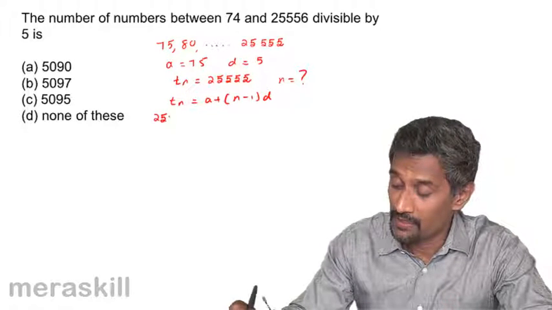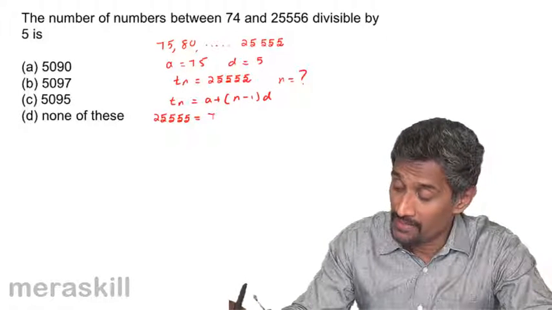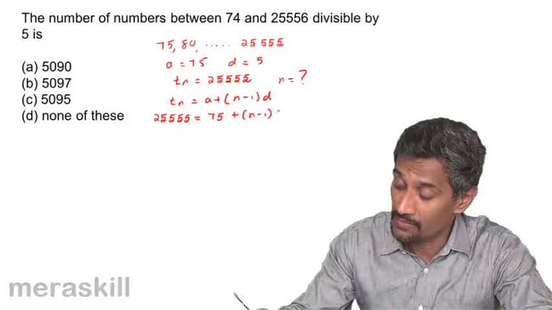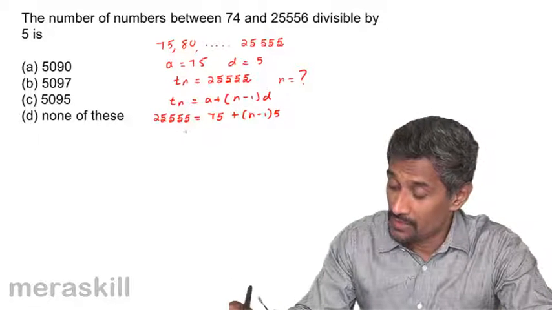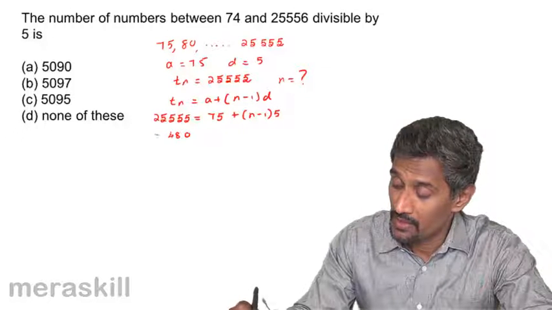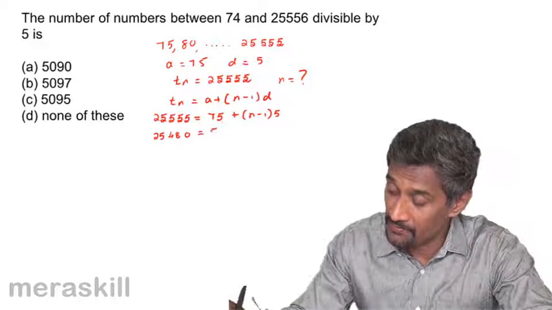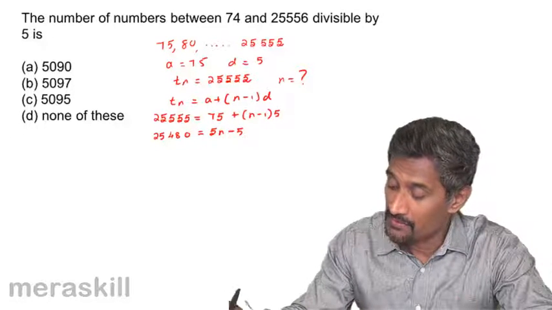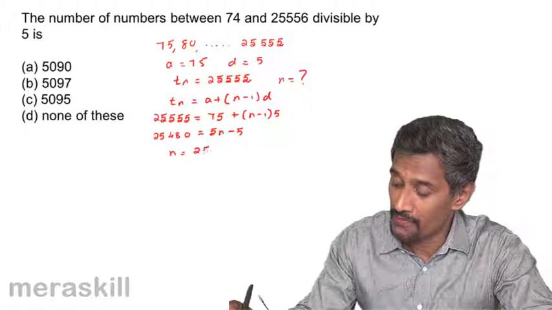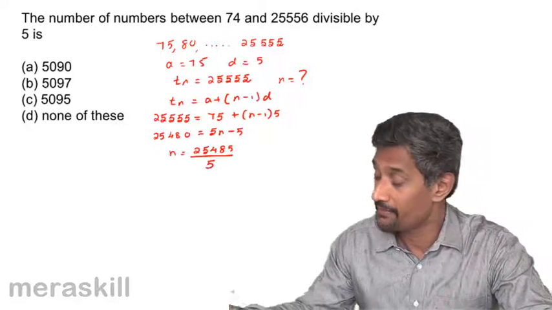Hence 25,555 is equal to A, that is 75 plus n minus 1 into 5, which will turn out to be 25,480 is equal to 5n minus 5. So n will turn out to be 25,485 divided by 5.